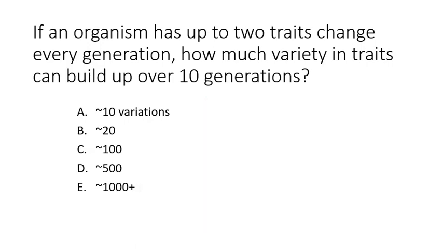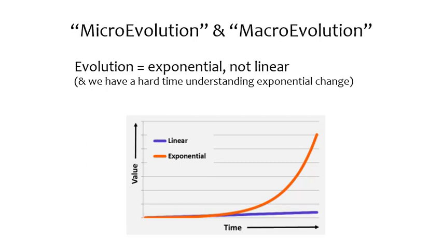So instead of 2 plus 2 plus 2, etc., it's actually multiples. So 2 times 2 times 2. So rather than 20 changes, there are actually 1,000 potential changes. Evolutionary change is exponential, not linear.